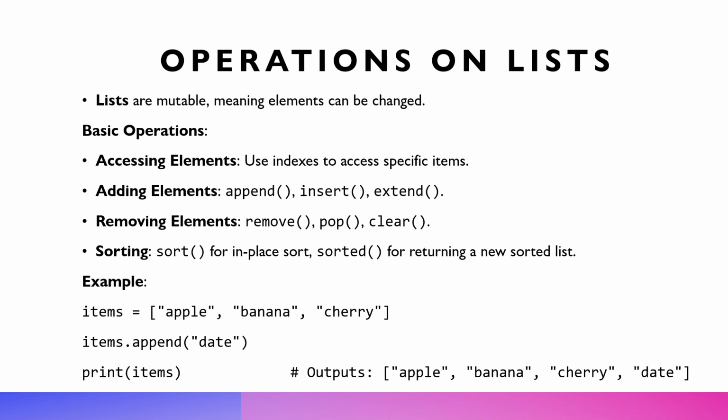Moving to the examples, here items is assigned with a list which contains apple, banana and cherry. We are appending date to the items. The element which you are appending into the list should be placed in between these brackets only. By printing this list, we get date at the end of the list.